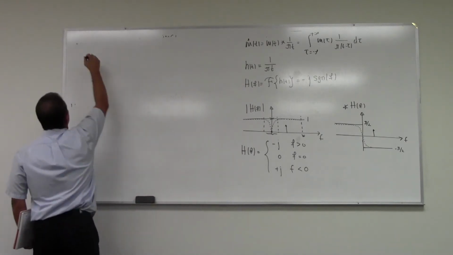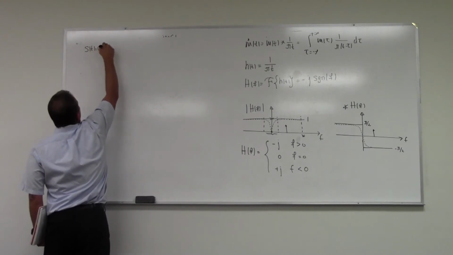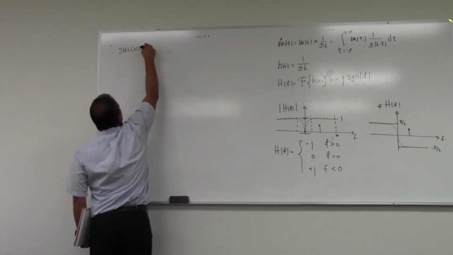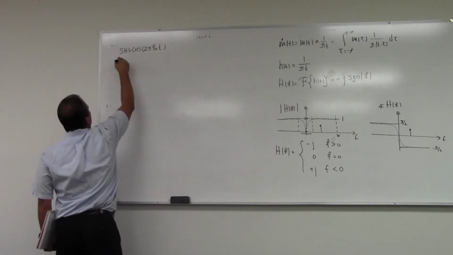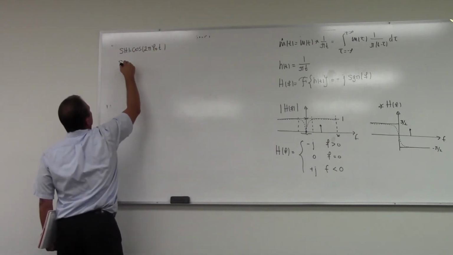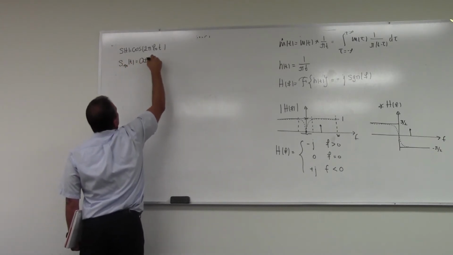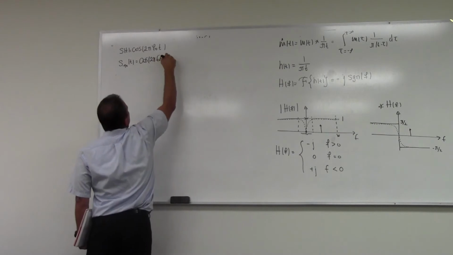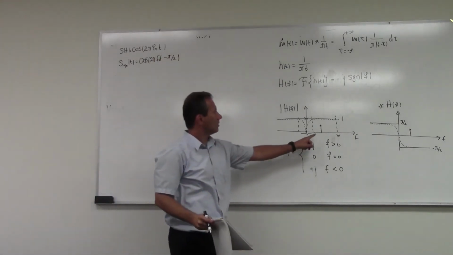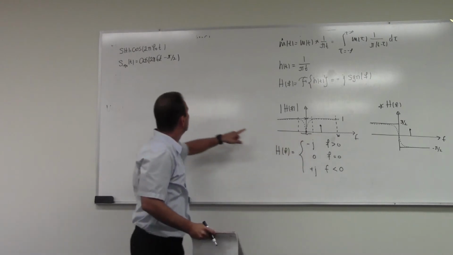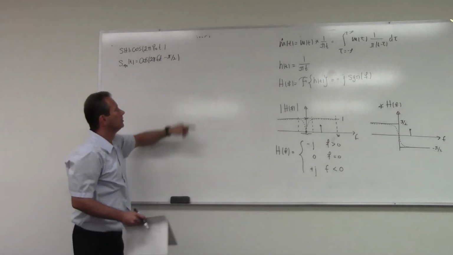Let's take a component s of t, which is cosine of 2 pi f0 t. And let's say s minus 90 of t is cosine of 2 pi f0 t minus pi over 2, because that's what this filter will do. If I have a component in the spectrum of my signal, it will preserve its magnitude, but delay the phase by pi over 2.